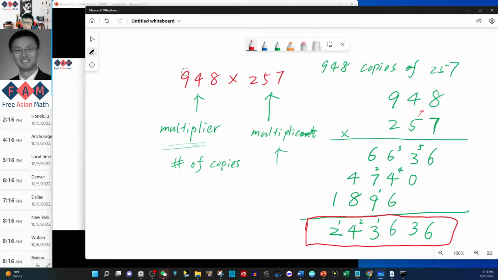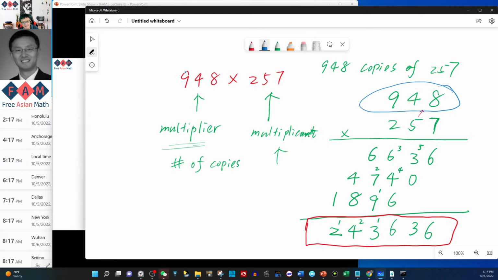First, we are using the decimal positional number system, which if you recall, this number 948 is not arbitrary. The information has already been nicely organized for you. There's a 900 there, there's a 40 there, there's an 8 there.